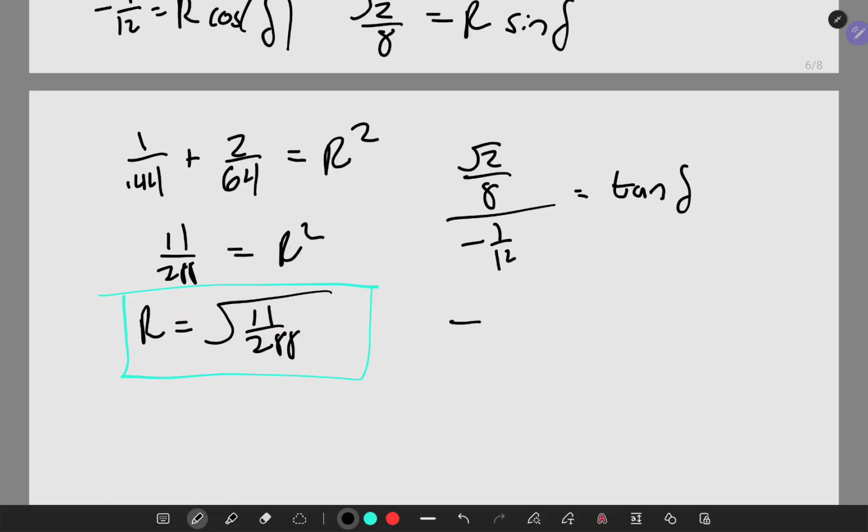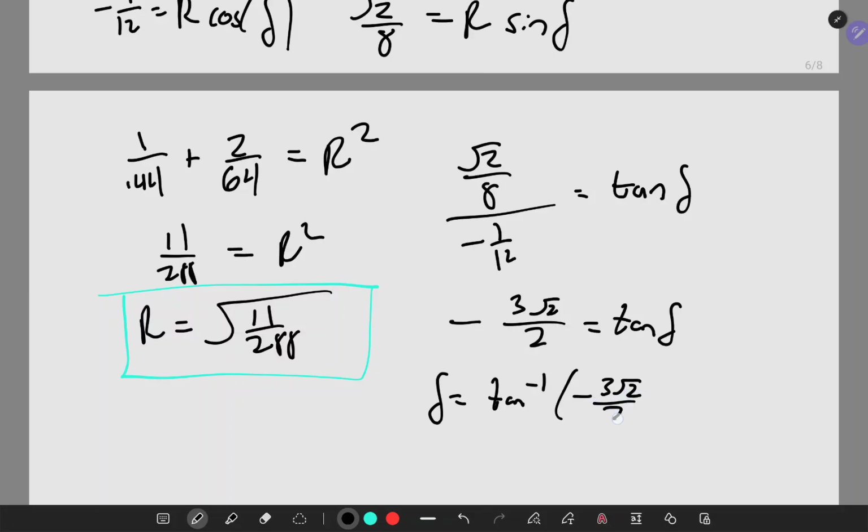Yeah, 3 halves. Negative root 2 tangent delta. Is that correct? Yep. So then our phase is negative 3 root 2 over 2. Inverse tangent, negative 3 root 2 over 2. And I believe that is it.